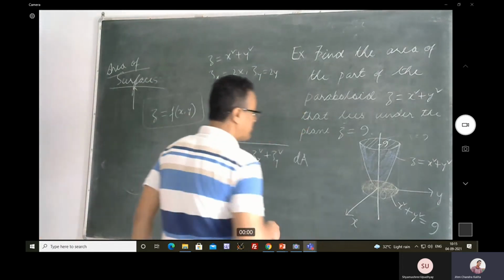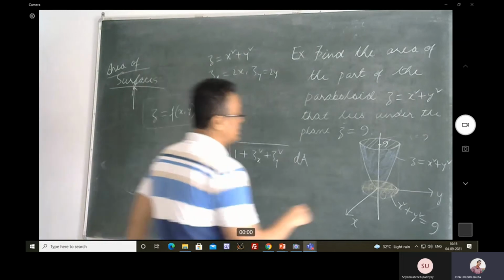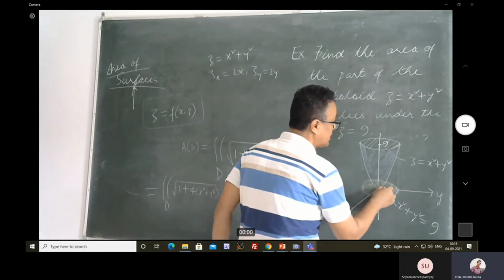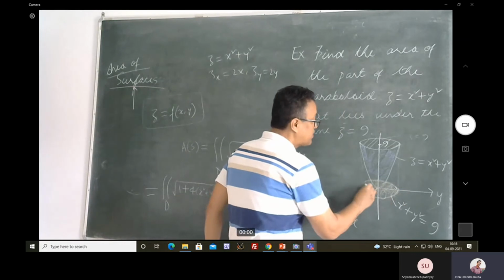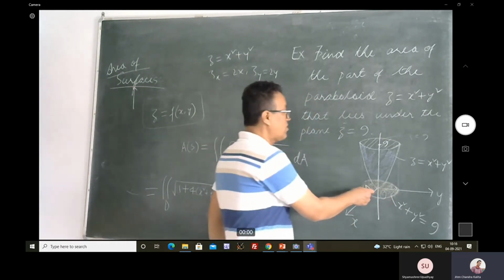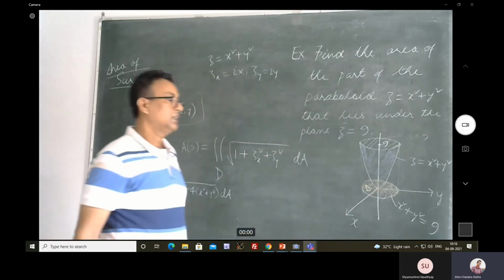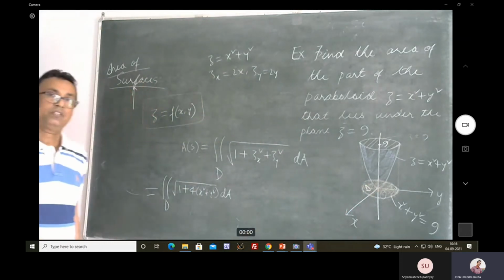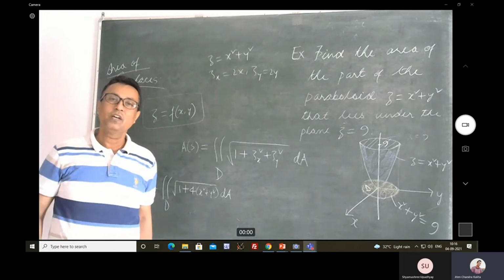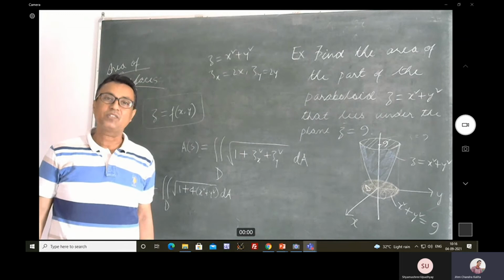Now this becomes my D. I could have expressed this domain in terms of Cartesian coordinates, but if we convert it into polar coordinates, my integration is going to be easier.